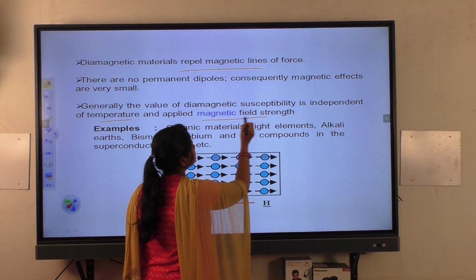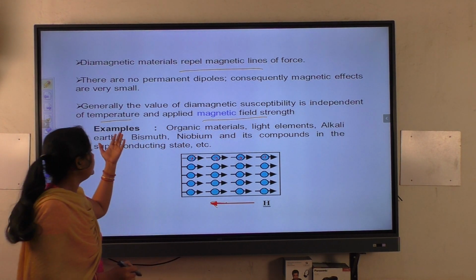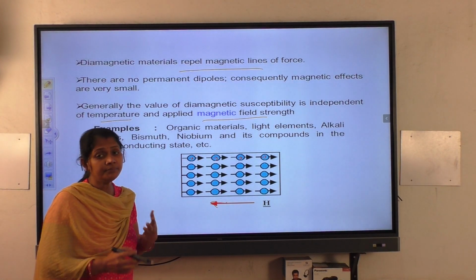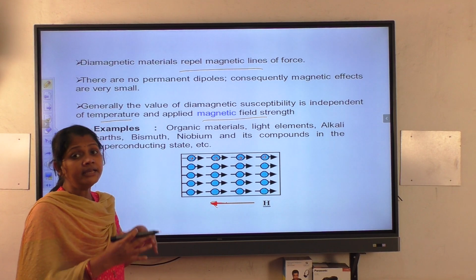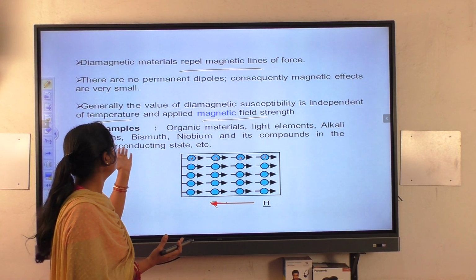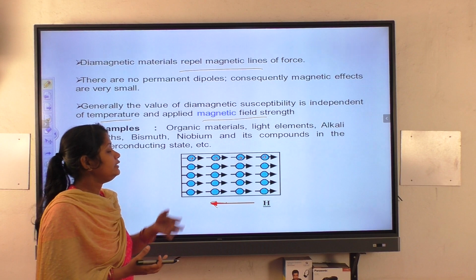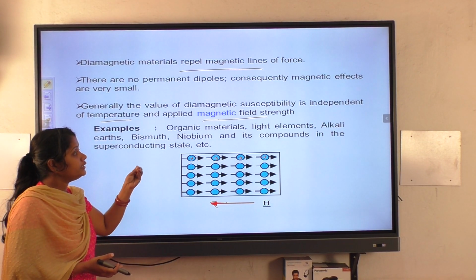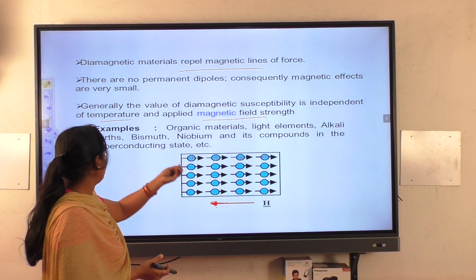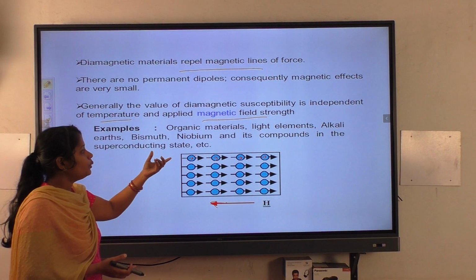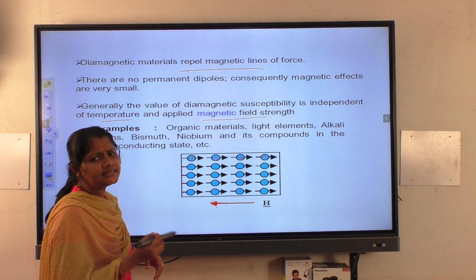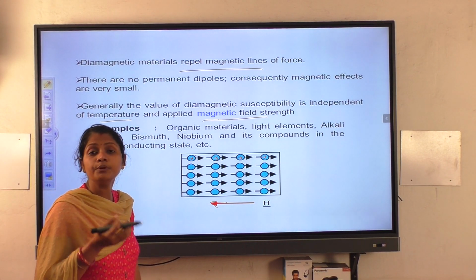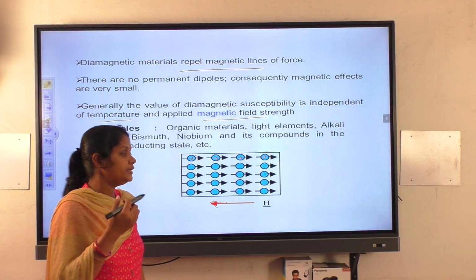That means it doesn't depend on these two factors, temperature and magnetic field strength. Next, examples of diamagnetic materials are organic materials, light elements, alkali earths, bismuth and niobium, which exhibit the diamagnetic property.